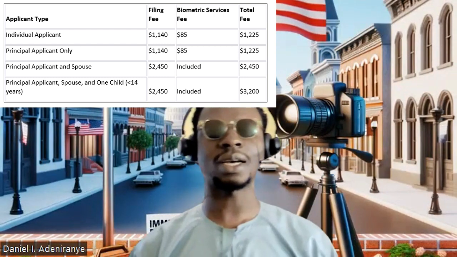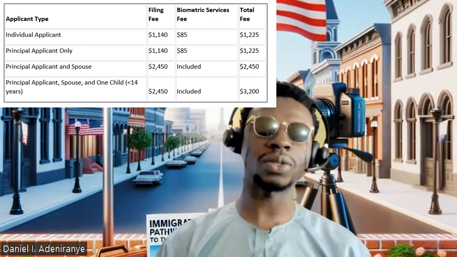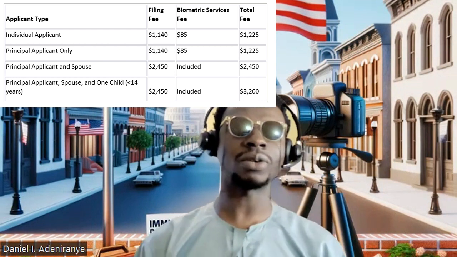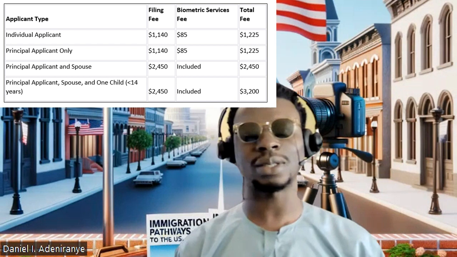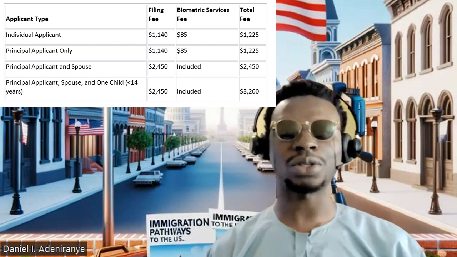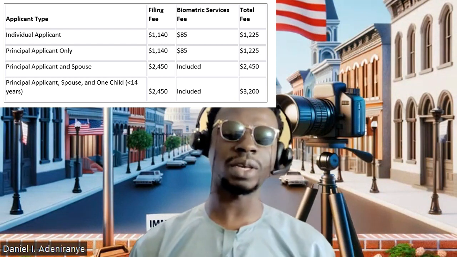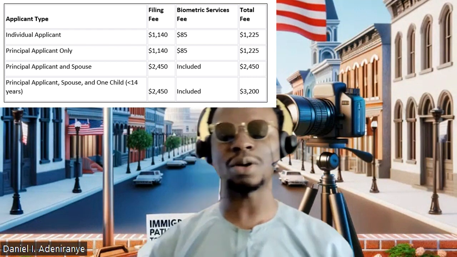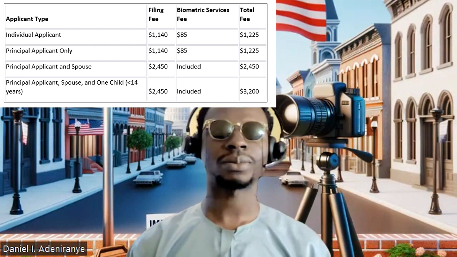If you are the type that has a spouse, a wife, the total is going to be $2,450. That's for each of you, you have to pay $1,140 for the Form I-485, and for each of you, you have to pay $85 for the biometric service.